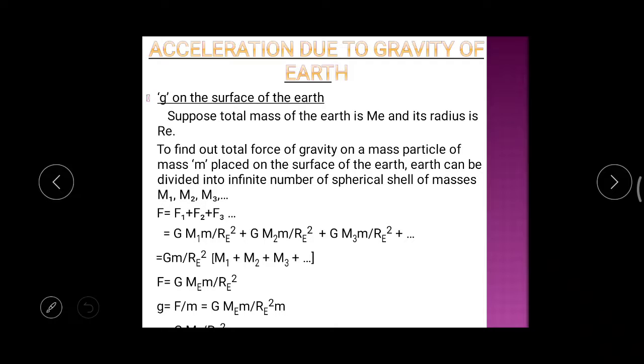Now you know that the gravitational force is a central force. So from center to center of the particles or the masses, you have to consider the distance. So from the center of the earth to the center of the mass, the total distance will be Re plus small r, where small r is the radius of the small particle.